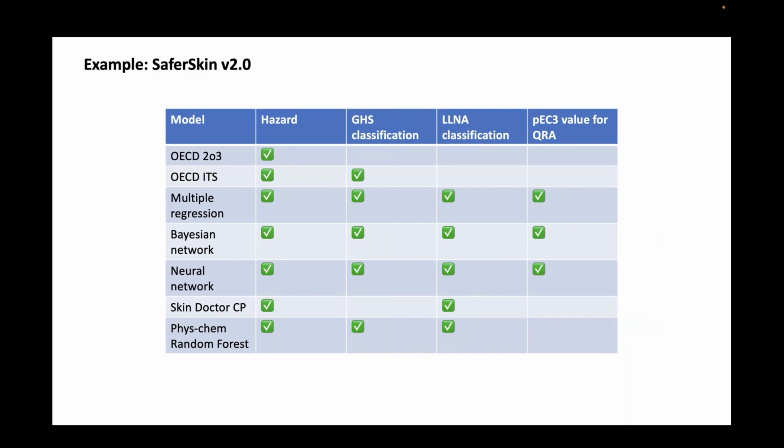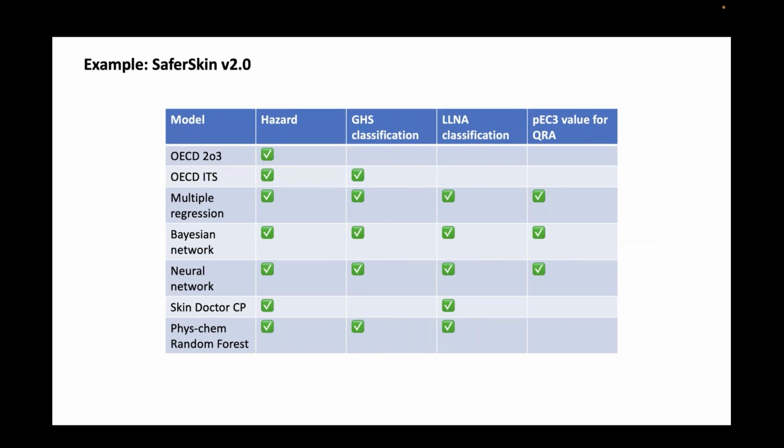So for hazard assessment, basically every model can give you a binary classification, whether a compound is a sensitizer or non-sensitizer. And then GHS classification, which distinguishes between strong, moderate or weak sensitizers and non-sensitizers, is another classification, so into 3 classes. And then we have LLNA classification into the 4 classes as per LLNA, and the EC3 value that is used for quantitative risk assessment.